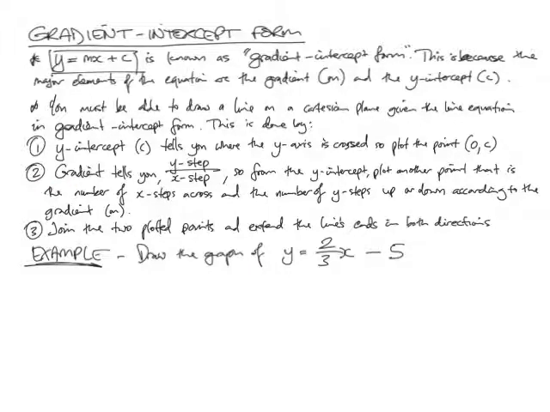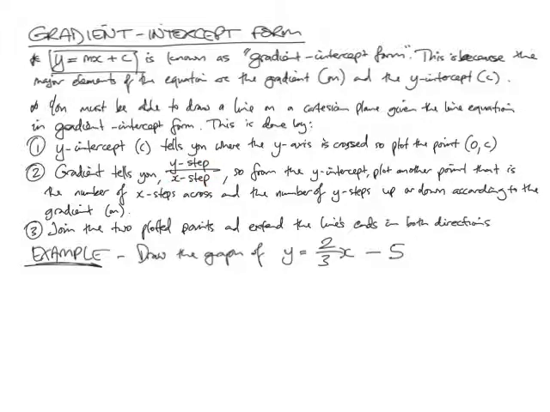Number 2, the gradient is telling you the difference between the y-coordinate of the second point of a line and the first point of the line, divided by the difference between the x-coordinate of the second point on the line minus the first point on the line.